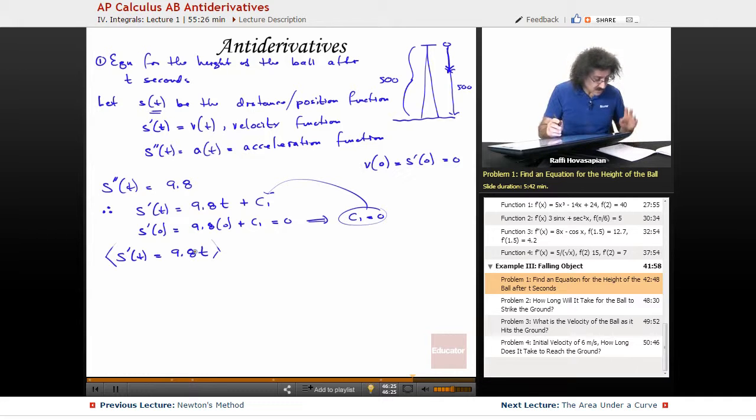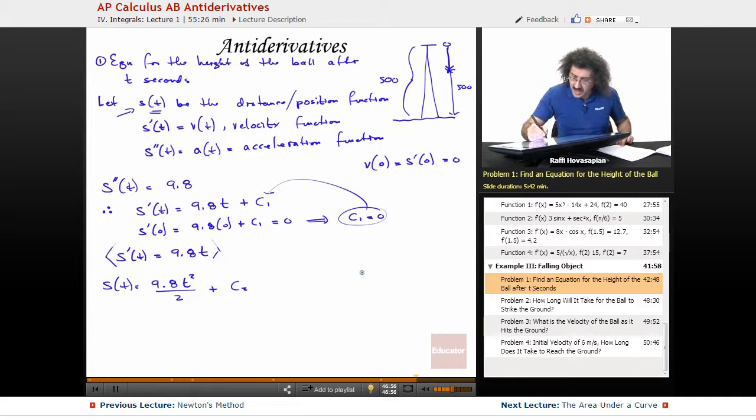Now, I'm looking for s of t. So now I'm going to take the antiderivative of that. I've got s prime of t equals 9.8t. Therefore, s of t is going to equal 9.8t squared over 2 plus c2. Now I need to find c2.